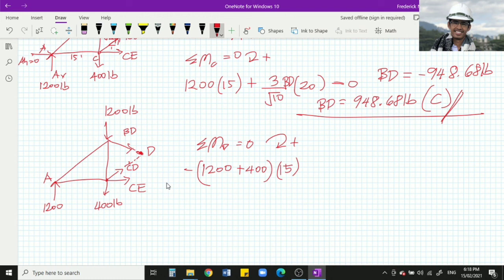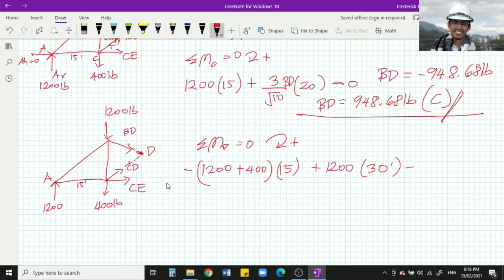And then, ano pa yung may moment natin is yung ating 1,200. So, that will be clockwise yung moment nito. Sa yung reaction natin, yung A vertical natin. So, plus 1,200 times. So, 15 feet ito. And ito, 15 feet din. So, that will be 30 feet. Okay? Minus, so yung CA mag-rotate siya, mag-moment siya dito sa D. So, that will be negative kasi counterclockwise siya.